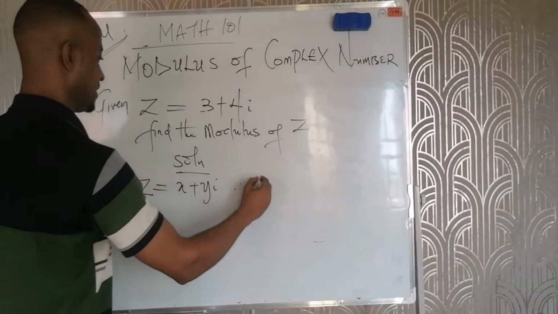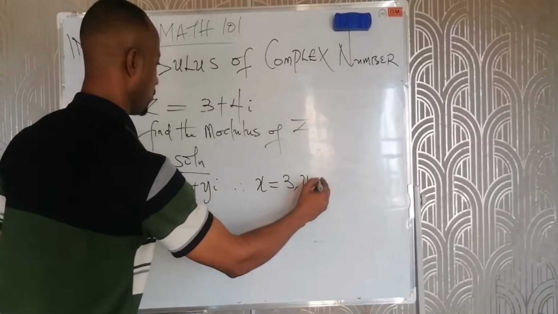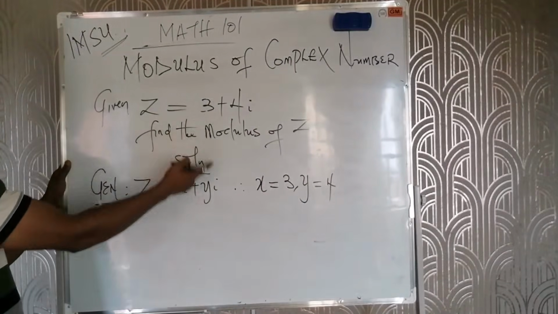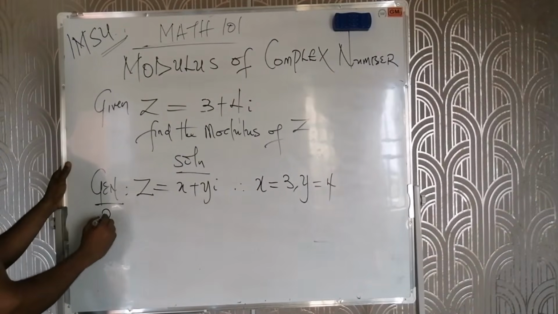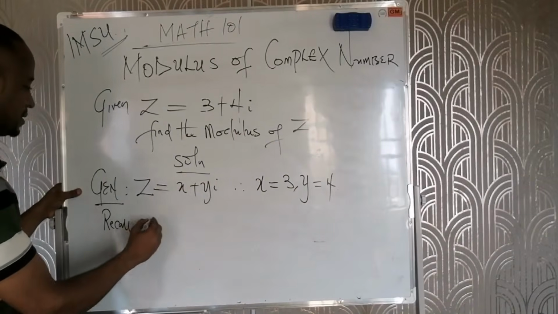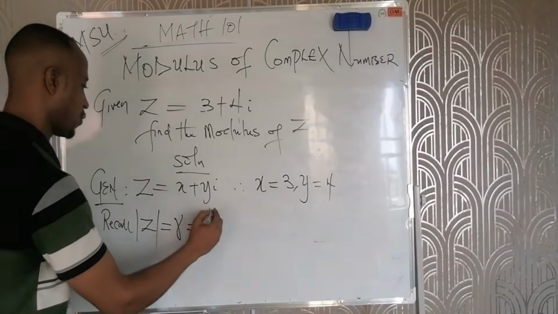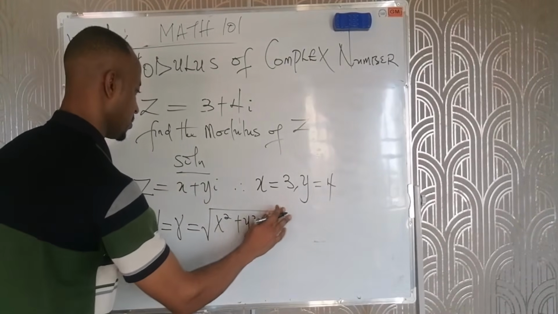That implies that the value of my x here is 3, and the value of y is 4. Then recall that the complex number's modulus of z equals r, which is equal to the square root of x squared plus y squared.